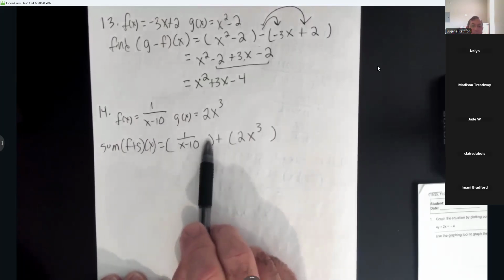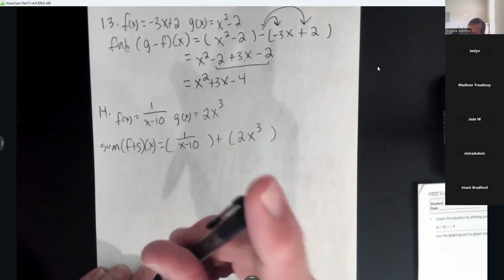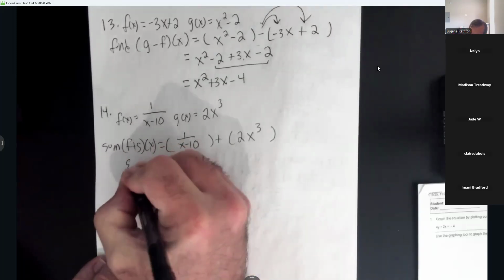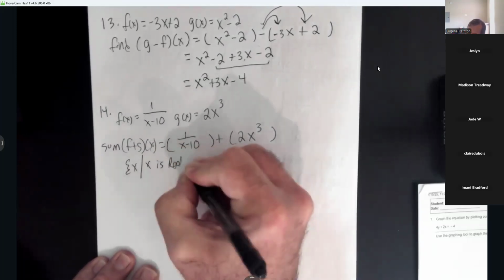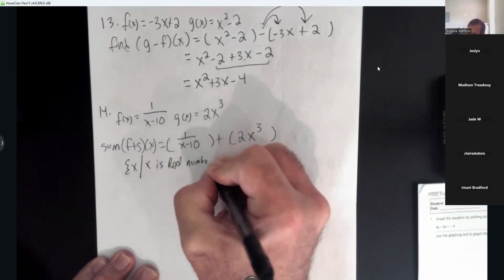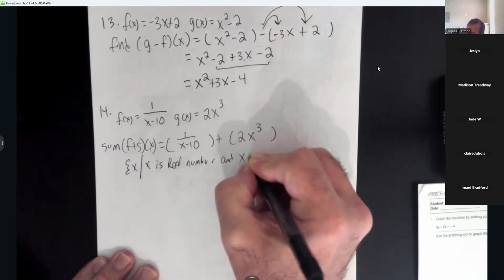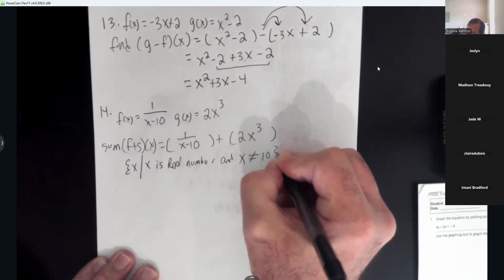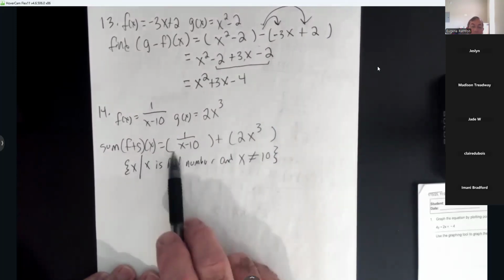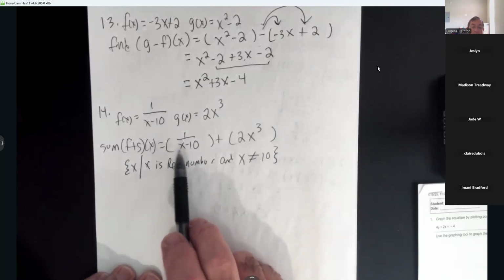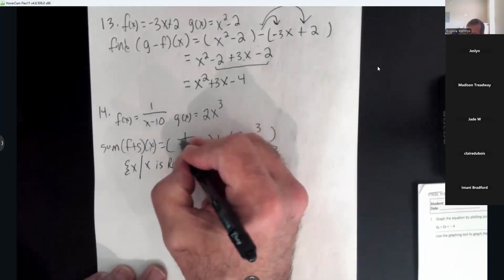So since 10 minus 10 makes it undefined, your domain would be x such that x is a real number and x cannot equal a positive 10. And that's the only number you could exclude because this one don't have a fraction. So we're only worried about this one little spot right here.